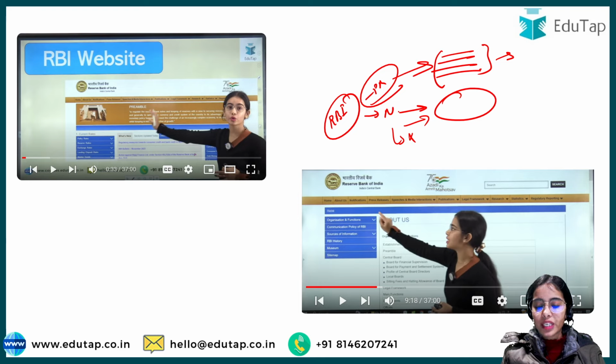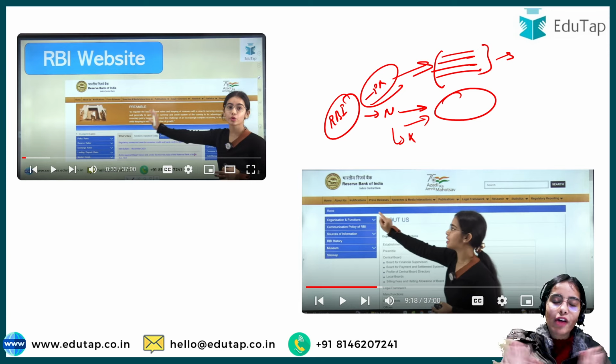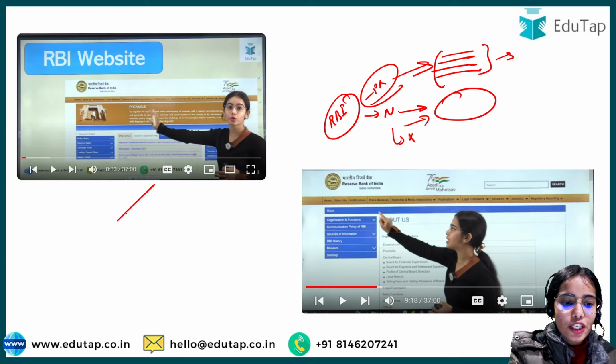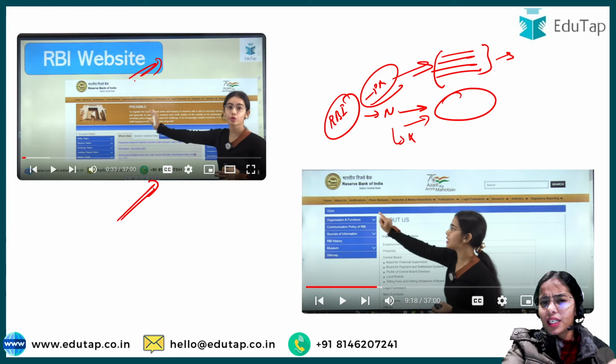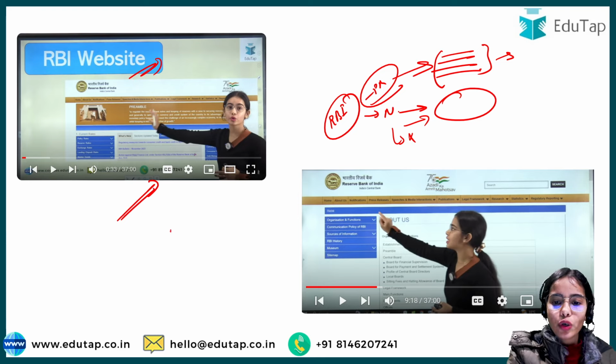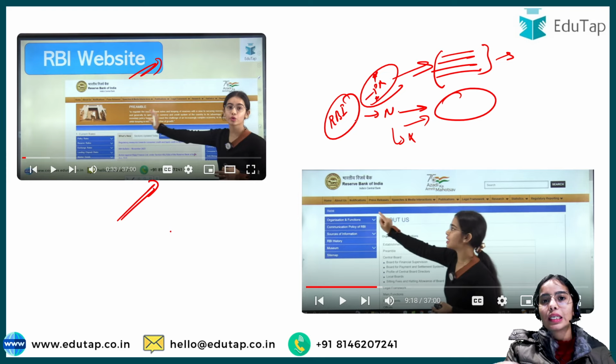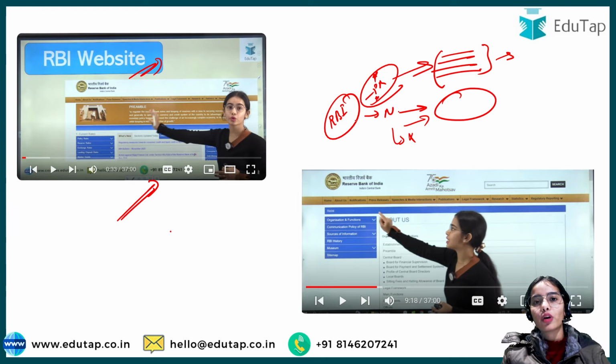Now you have to tell me in the comment section below whether you want more such sessions in the coming months, or you have completely understood the RBI website now and I can stop these sessions. I have taken one session where we discuss the RBI website completely, and this session today was more focused on the selection of press releases and how to cover them, that is, which are important and which are not.